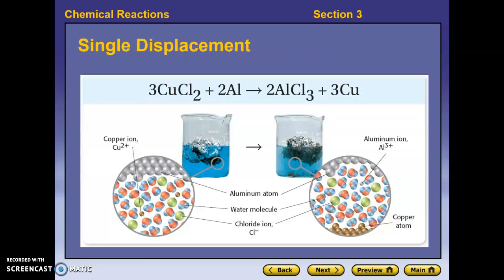And that reaction actually does take place, and it looks something like this. We have the copper chloride solution, and we add the aluminum to it. The aluminum replaces some of the copper, and the copper then settles to the bottom of the beaker. And even in the picture, you can start to see that the copper pieces have started to build up down here on the bottom of the beaker.